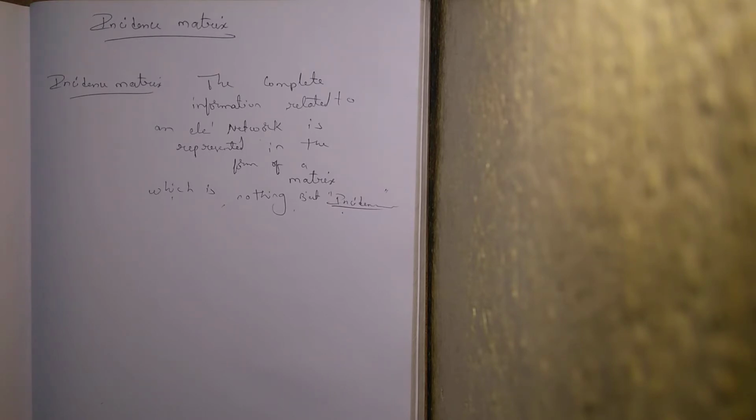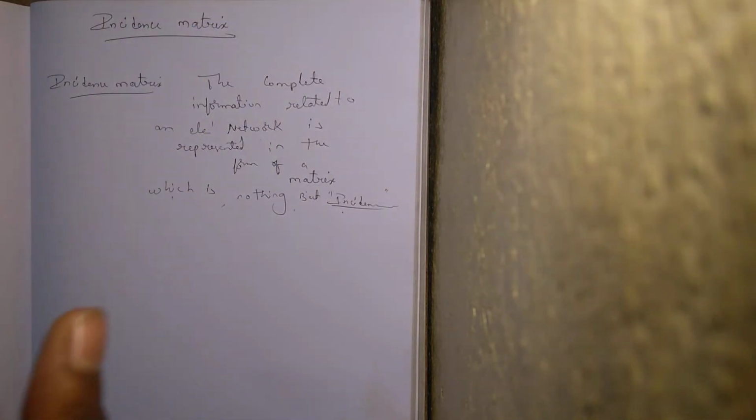What kind of information is it? How many branches are present in a network, how many nodes are present, which branch is connected between two nodes, and what is the direction of the current.